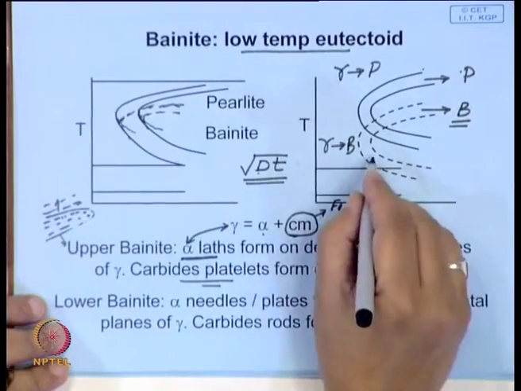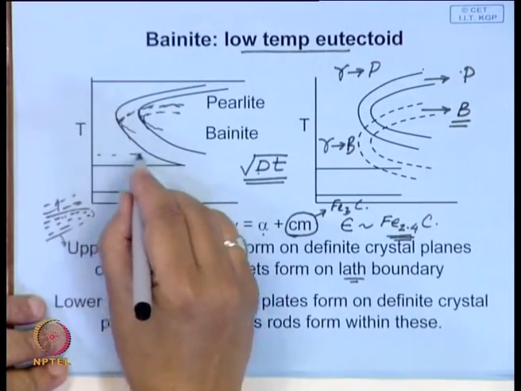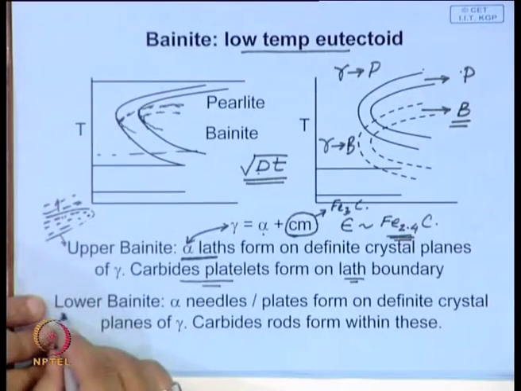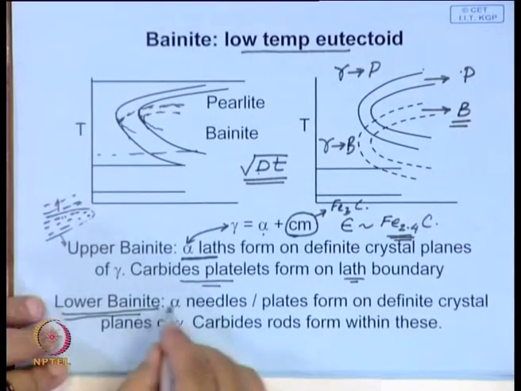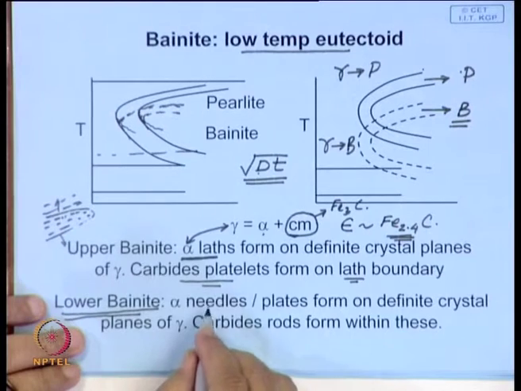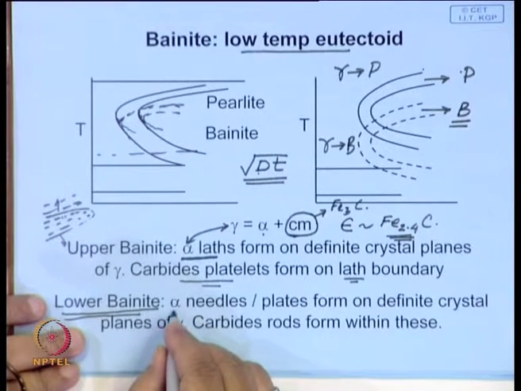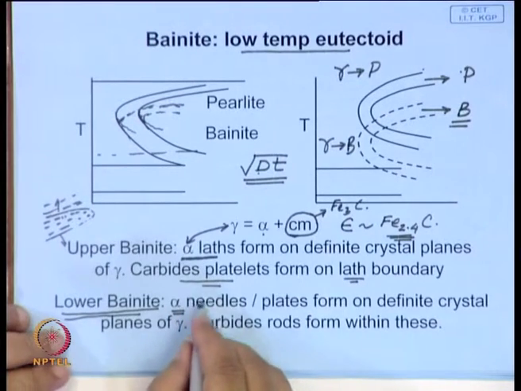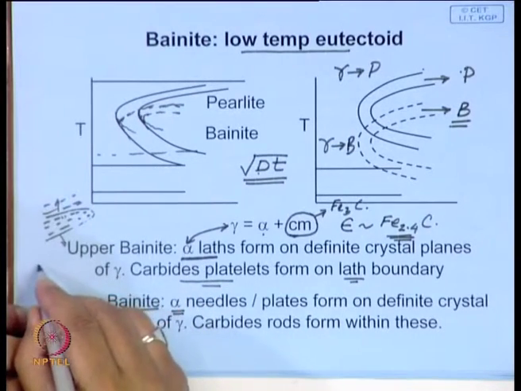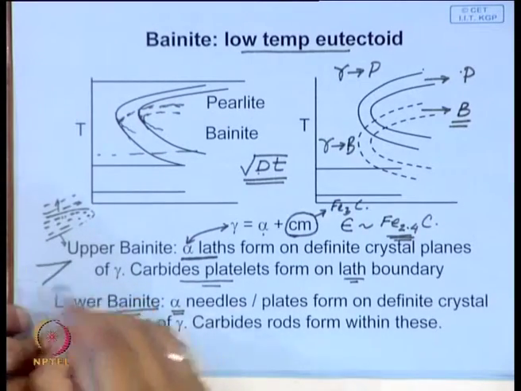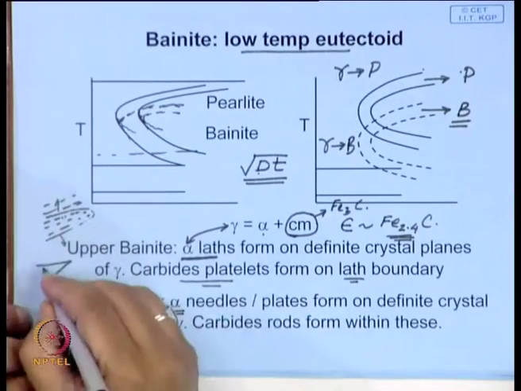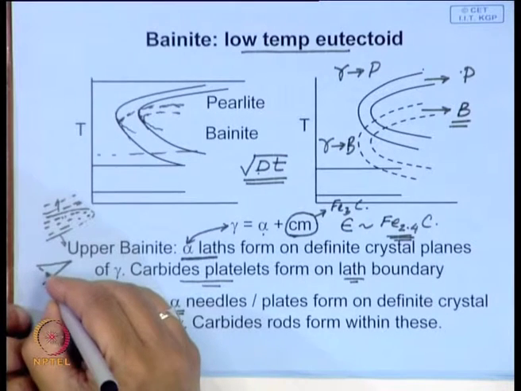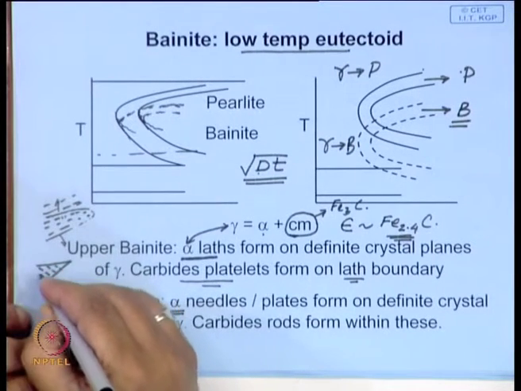If your transformation temperature is lower, say somewhere here, then you get a different type of bainite called lower bainite, and here the shape of the alpha that nucleates is a little different. This is needle type, and the carbide that forms may also be a little different. They may be differently oriented, something like this.